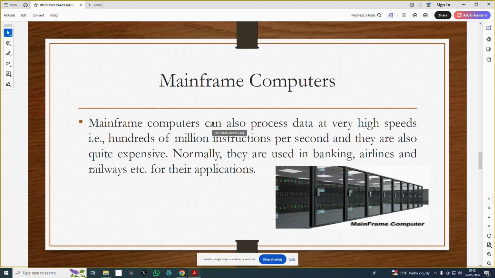Supercomputers process data at a very high speed compared to mainframes. Then supercomputers are used in ICU. Have I talked about ICU in supercomputers? Benjamin, have I talked about ICU in supercomputers?